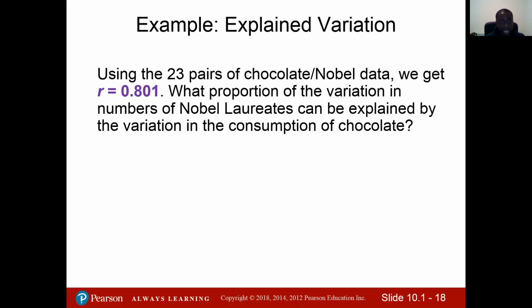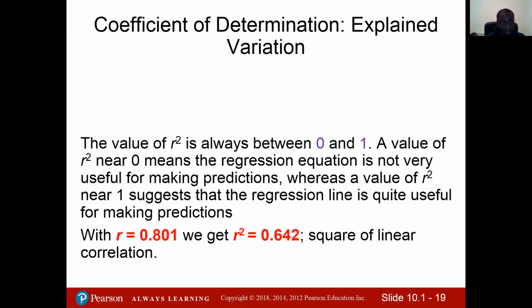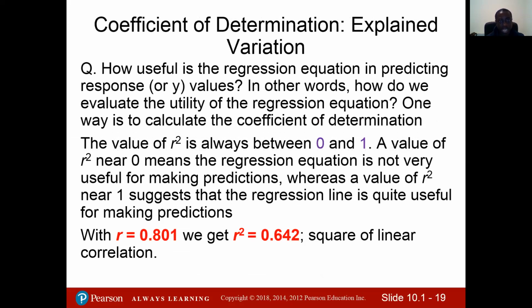Okay, we calculate the R squared. So the answer is just to calculate the R squared, which shows the utility, like I said, how useful a regression line is. And then if you square this value, you get that.